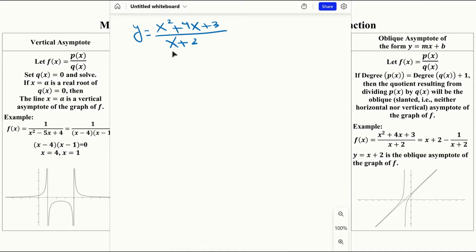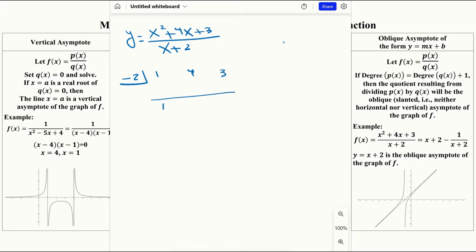Since this is the simple form x plus 2, we can use synthetic. Remember, when we're going to do synthetic division, instead of taking positive 2, we put negative 2 in our box, right? Always the opposite of that. And then for the top, we notice that it is in descending order and there are no missing terms. So we get 1, 4, and 3.